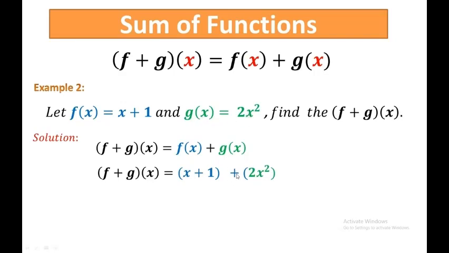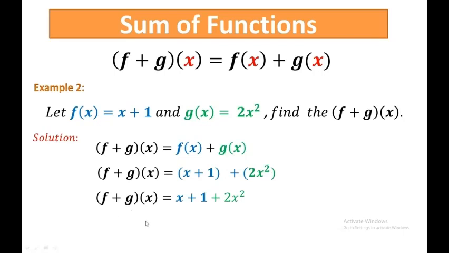So we need to replace the g of x by 2x squared. Now we have f plus g of x is equal to x plus 1 plus another function, which is 2x squared. Now let's remove the parentheses. We have x plus 1, and this is positive 2x squared, or plus 2x squared.